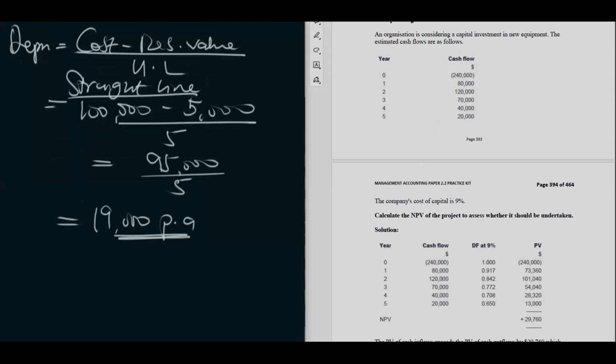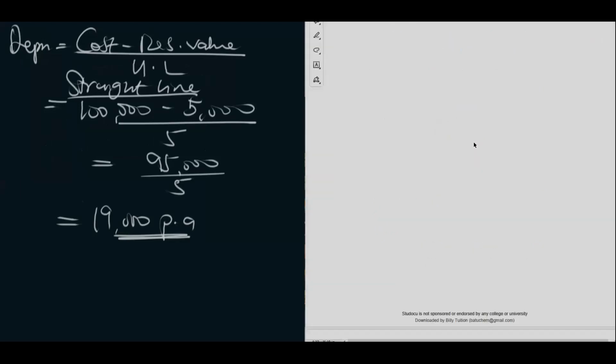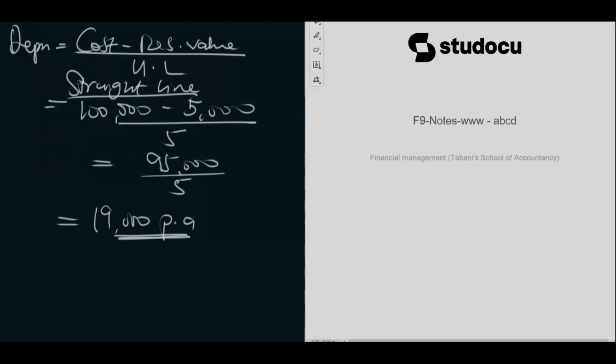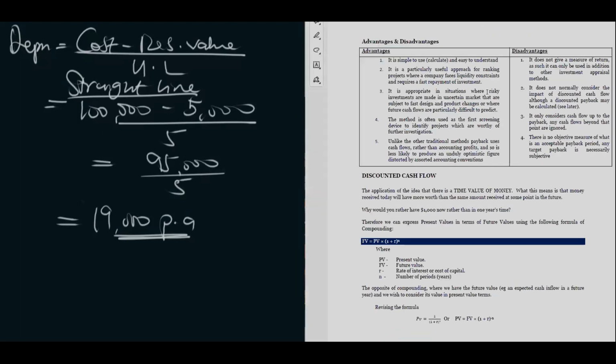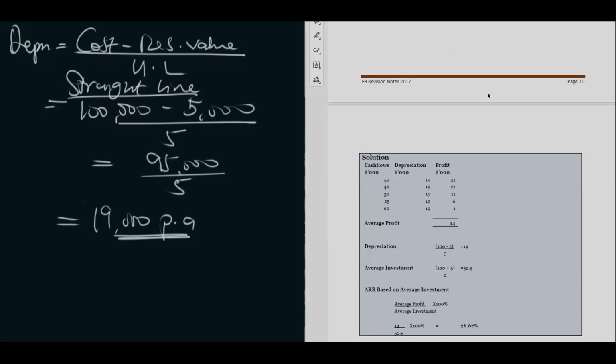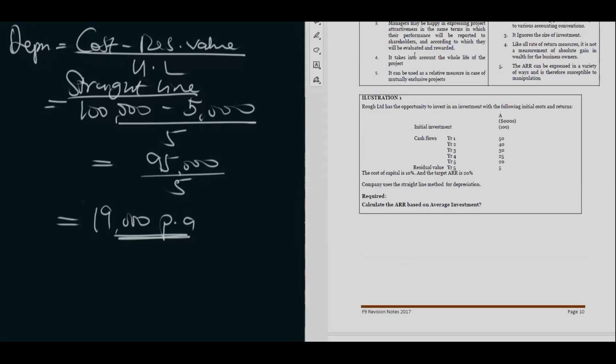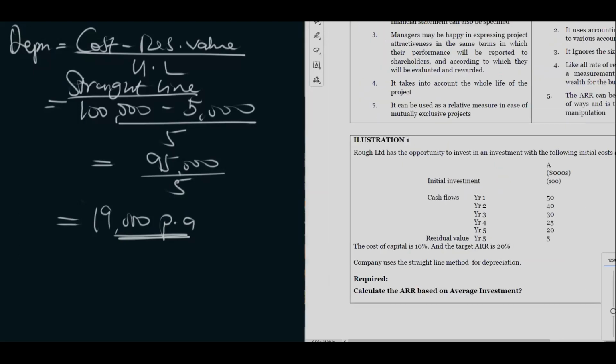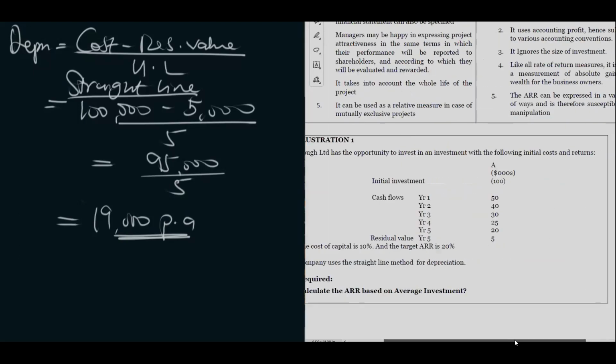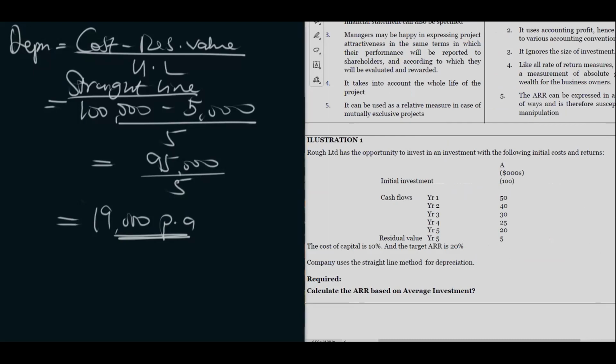The very first example that we saw, I think, no, it wasn't this one. Yeah, this was it. The example that we used to solve the ARR and the payback, we can use it to solve NPV. Let's see if we can get NPV here.